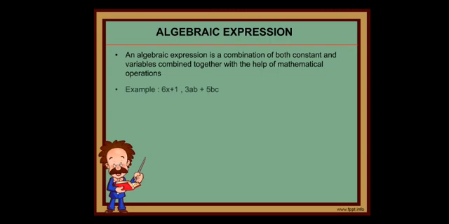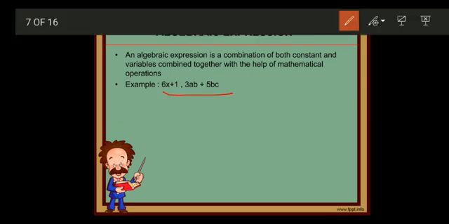See the examples, 6x plus 1, 3ab plus 5bc. You can observe that constants and variables are combined together with mathematical operations. So this is an algebraic expression.